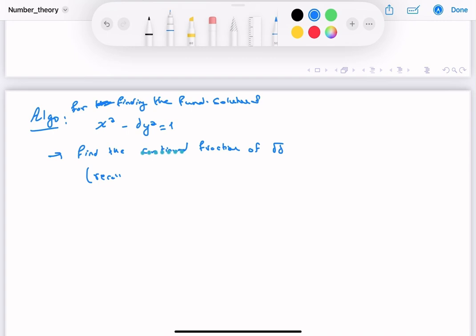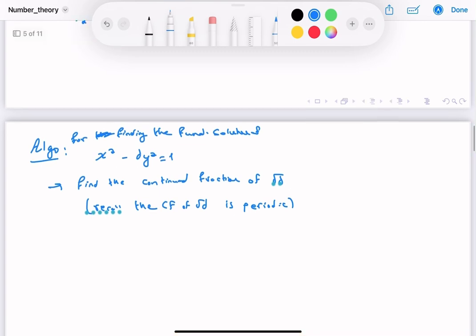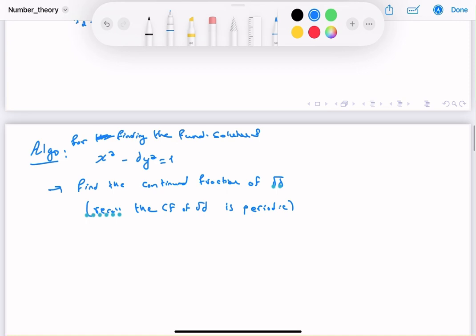This is a standard number theoretic fact that one can easily check. So the continued fraction of the square root of d is eventually periodic.